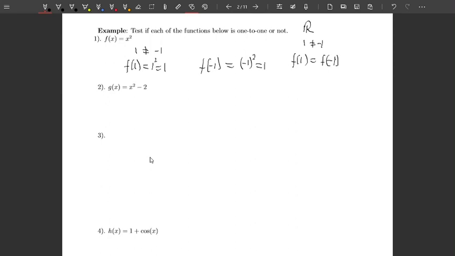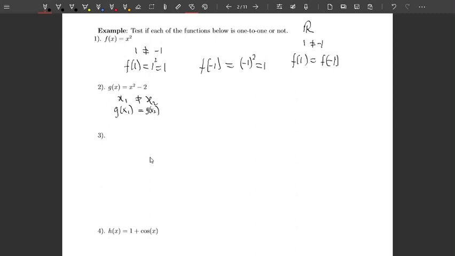Well, we could say, if we choose any elements x1, which is not equal to x2, we want to see whether g of x1 is the same thing as g of x2. Generally, this may not work because x1 and x2 are not defined. If both of them are positive, then we can't quite verify.